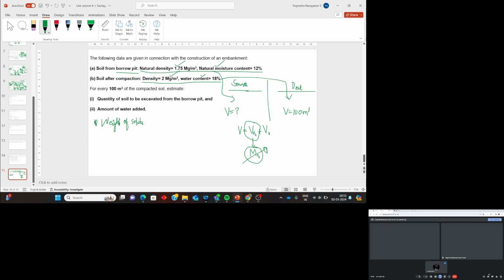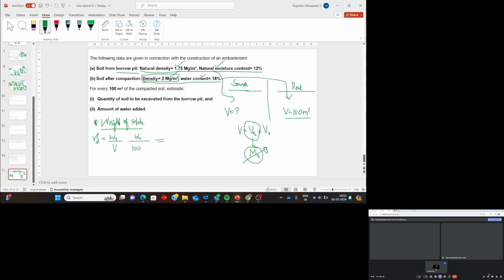Now you have bulk density here. What is bulk density? Mass by volume. So you need weight of solids and volume. Which is the component that relates weight of solids and volume? Gamma dry, weight of solids by total volume. This you know, 100. This you need to find out.